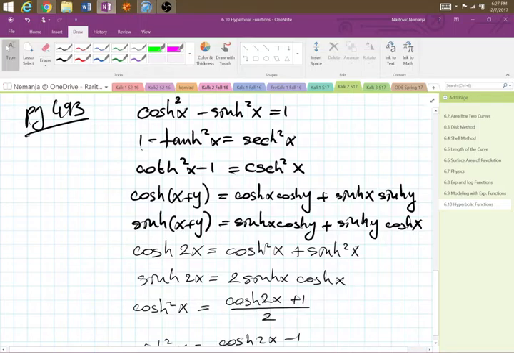So we have to really disconnect hyperbolic functions from trig because they are not the same creatures. However, their exponential forms are kind of close, so that's why these identities kind of work.